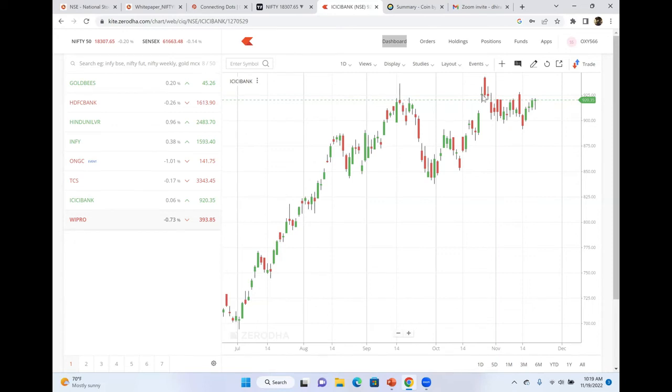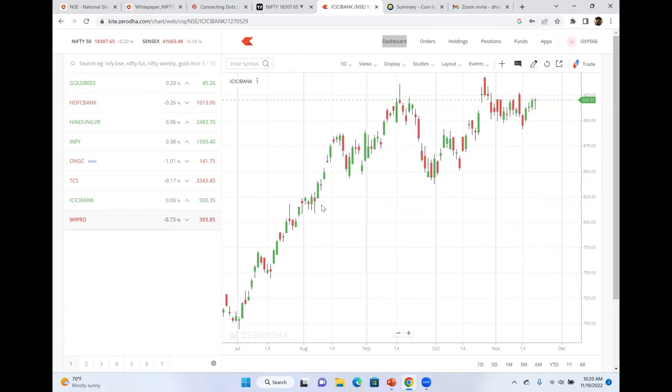Whereas this particular red candle has a very small upper wick, a very small lower wick, and the complete body is fairly large. And there are examples, for instance, this particular candle in early August: there is no lower wick, only a small upper wick.